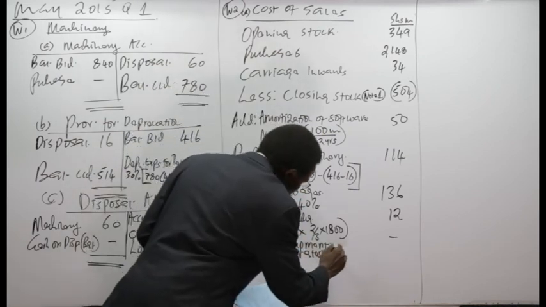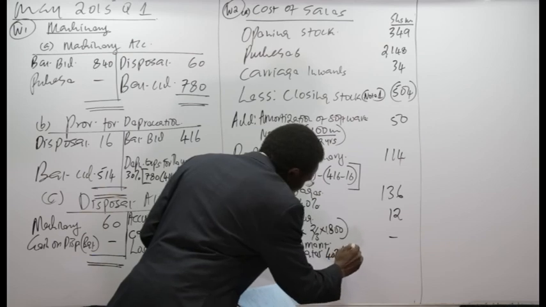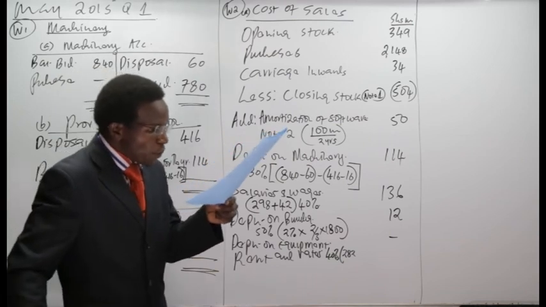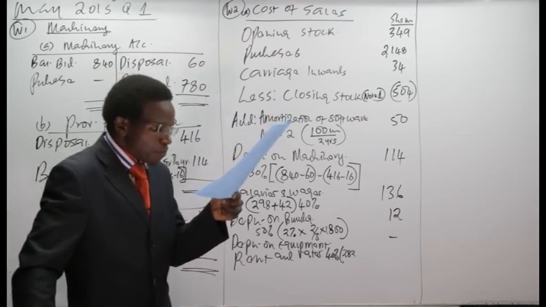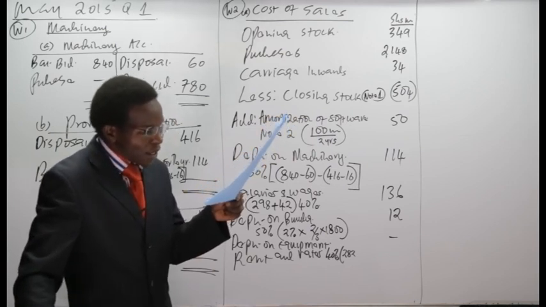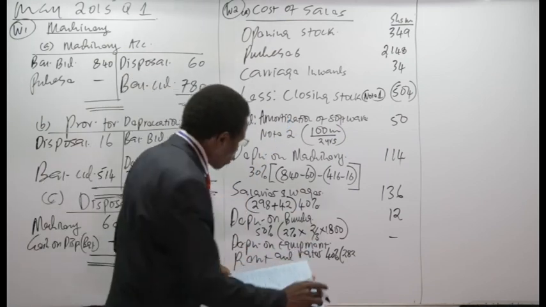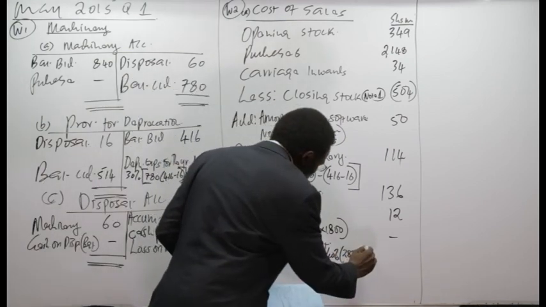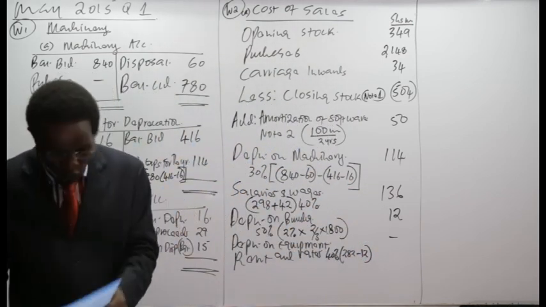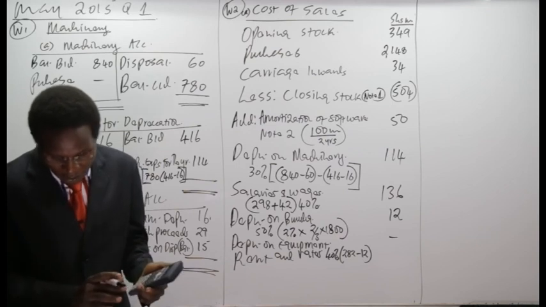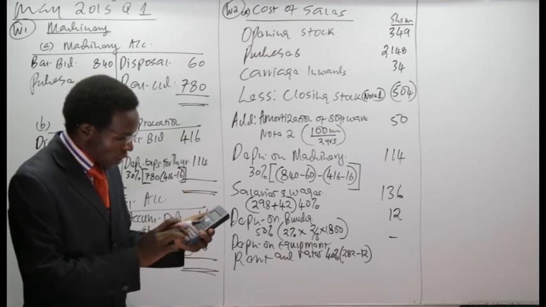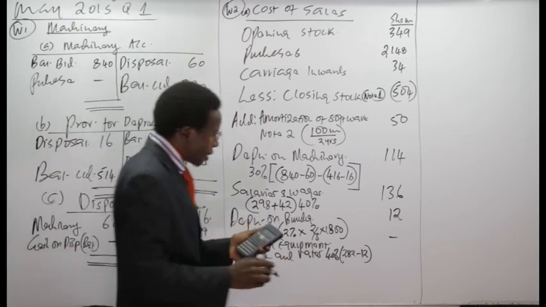But if you go to additional information, number 3, we have been told that there is a prepayment of rent and rates amounting to 12 million. So you're going to subtract 12 million. So I'm saying 282, you subtract the 12, then 40% of that is 108.